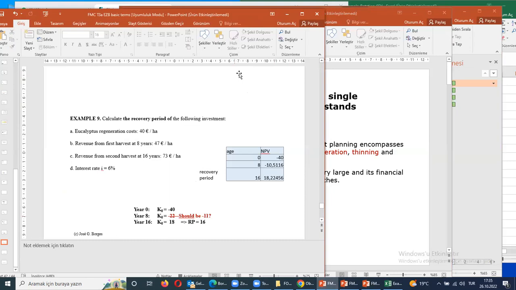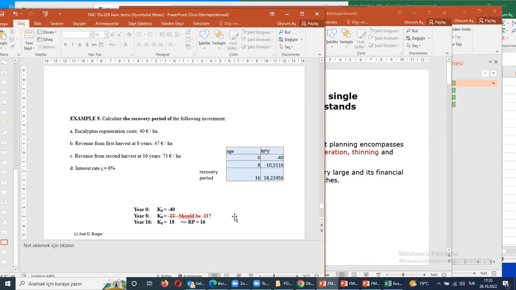This is the way we calculate the recovery period. It's easy. It is the way that we calculate the net present value for a given investment. The investment is happening at various time periods. If there are silviculture operations occurring at different times, we first calculate the future value in order to equate to the same time period, and then discount it to the present value.